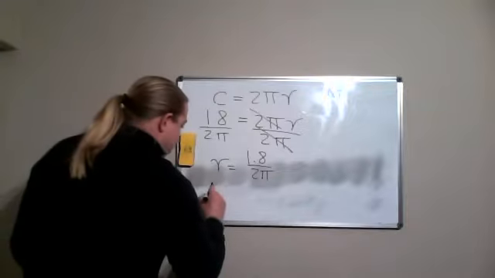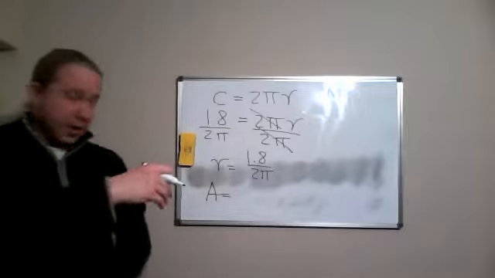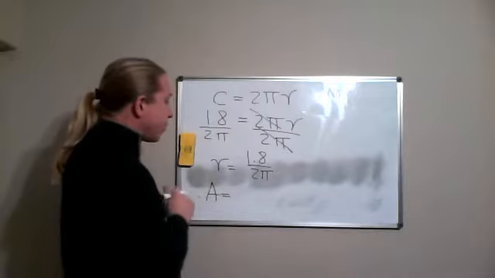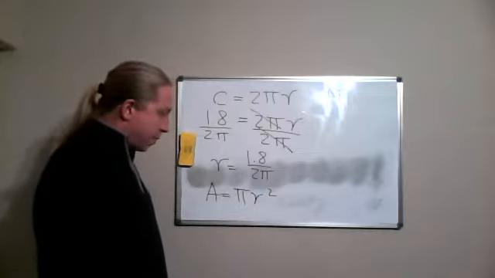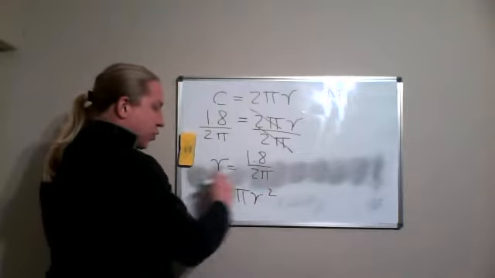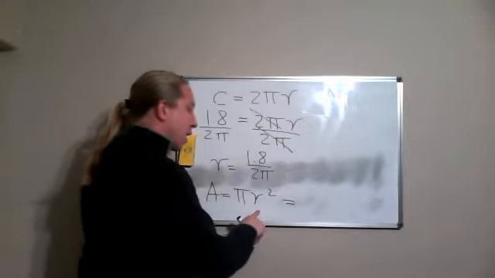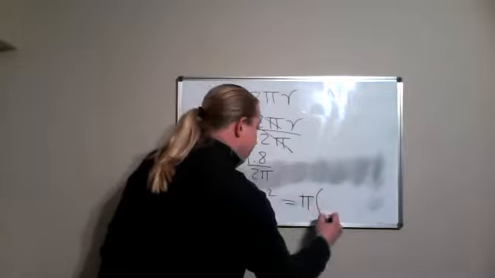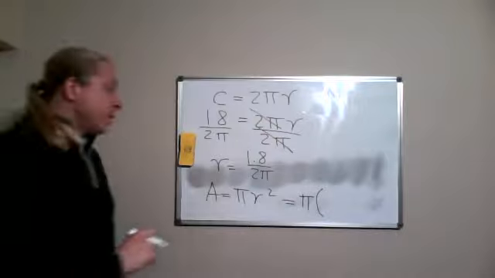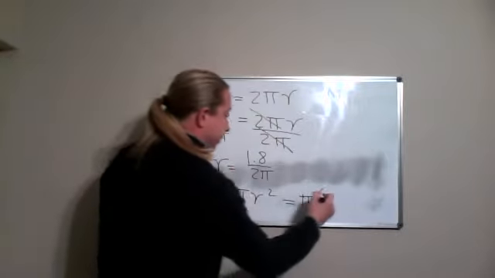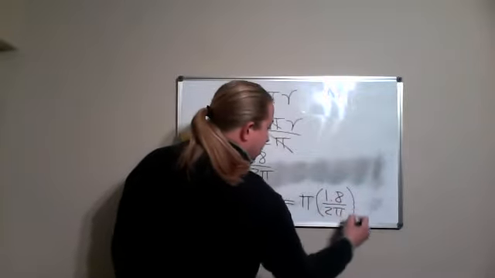So our area of the circle is pi r squared. But now we have the radius worked out over here. So I'm going to substitute this value for radius. So I'm going to get pi, open bracket, 1.8 over 2 pi, squared.